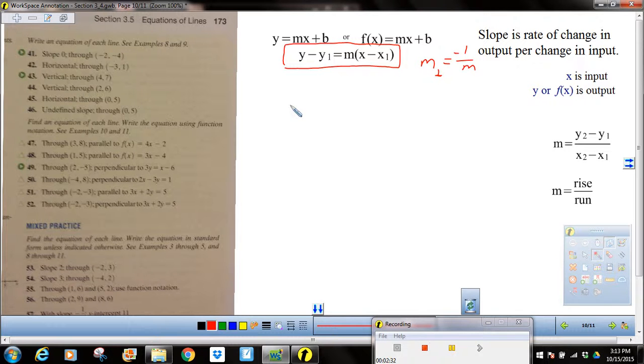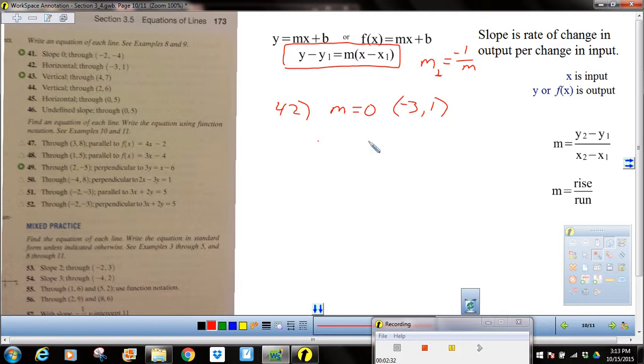Starting with number 42. It says it's horizontal, so slope is 0, and it's going through negative 3, 1. This is definitely point slope form. We could put all this information in, but I want you to think about this a little bit.